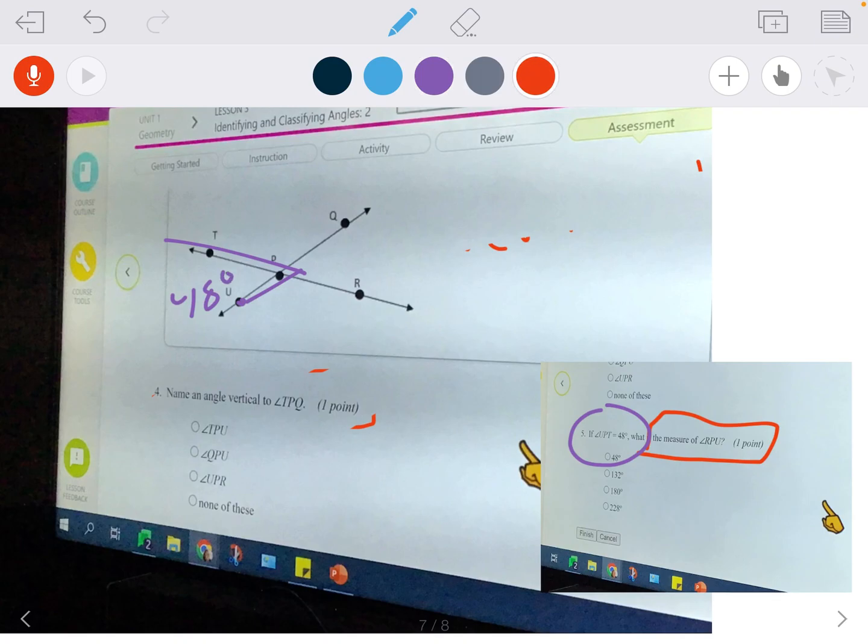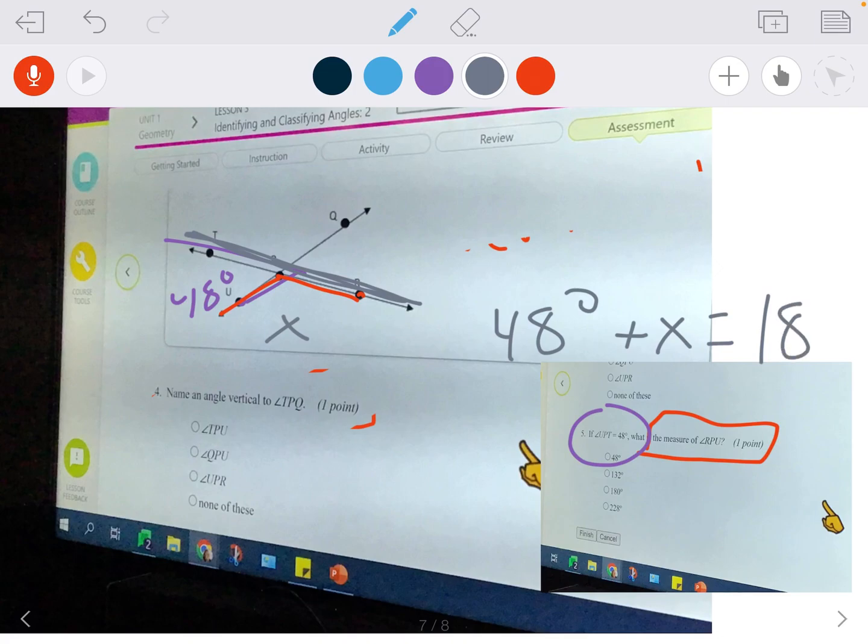So what is the measure of RPU? Okay, here's your hint, guys. These two form a straight line. So whatever 48 degrees plus x equals 180 degrees. Solve it for x. There's your help.